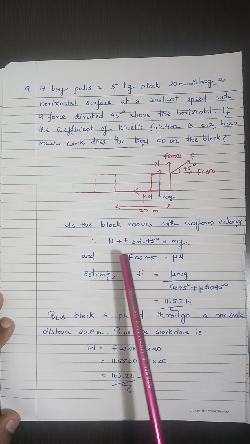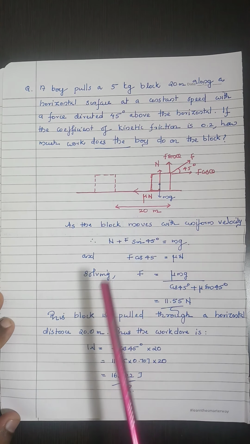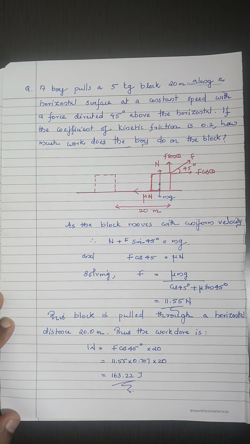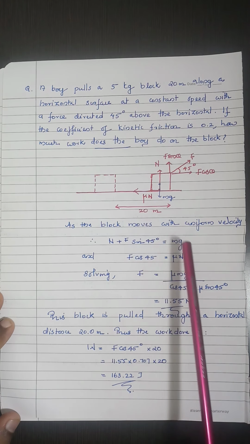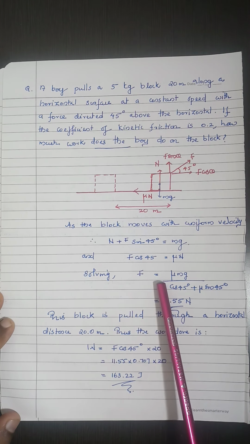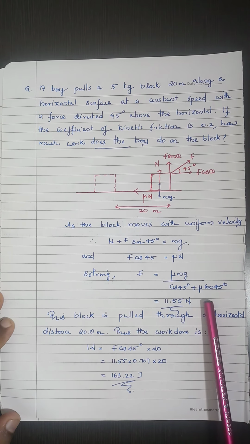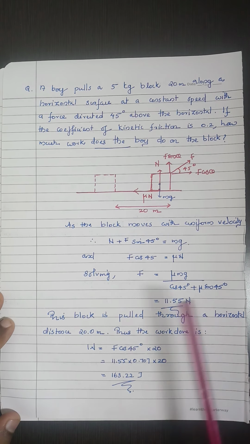So vertically we can say N plus F sin 45 is equal to weight mg. And horizontally we can say F cos 45 is equal to mu N. So you can solve it as F is equal to mu mg by (cos 45 plus mu sin 45), equal to 11.55 Newton.